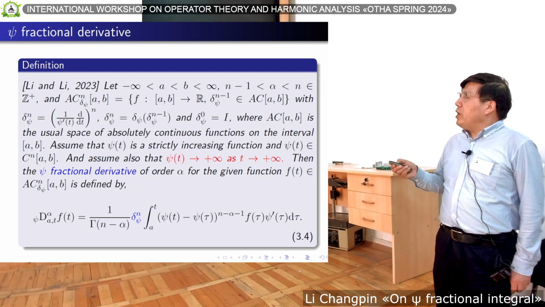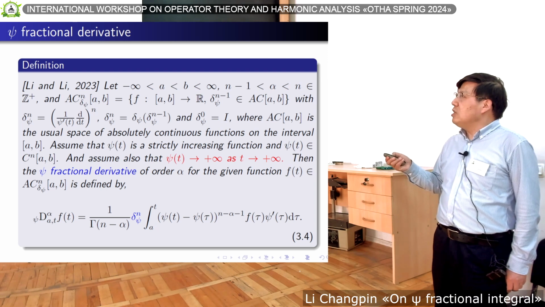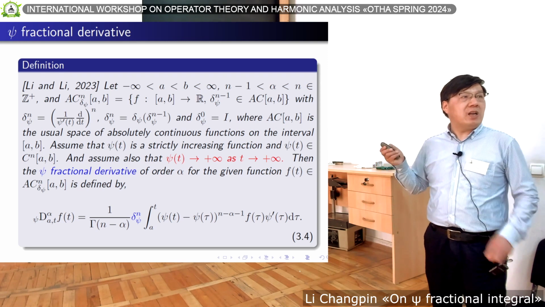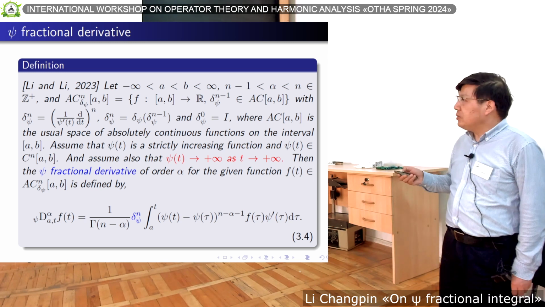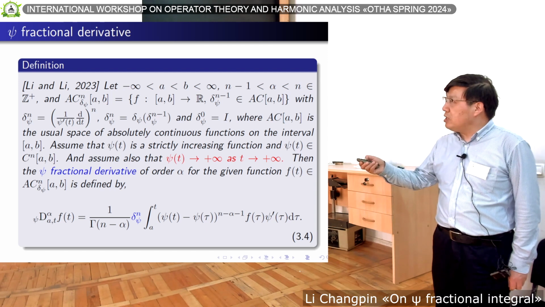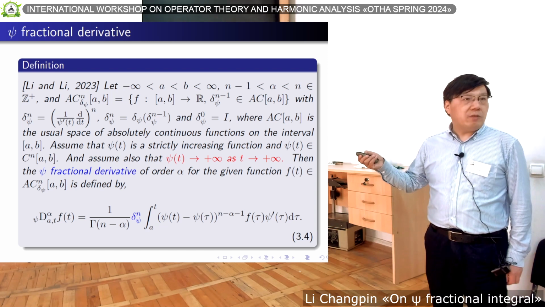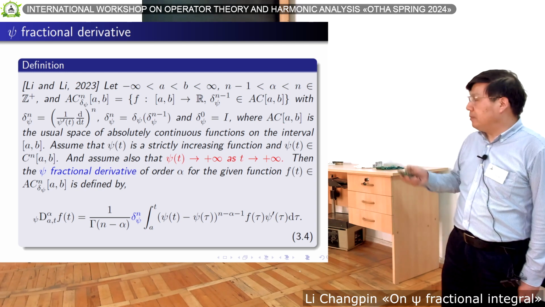So we also impose this condition, so that the fractional derivative of f(t) with order alpha. Here, if alpha is positive, it means derivative. If negative, it means integral. So this is the psi fractional integration first, then the integer order derivative in the sense of psi.